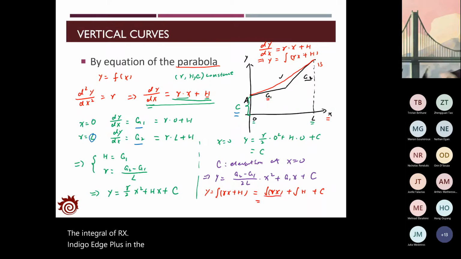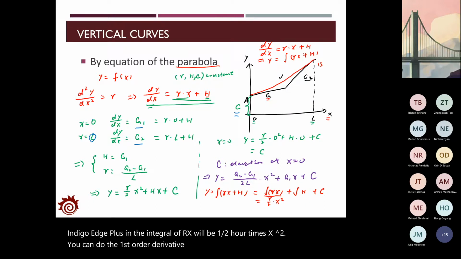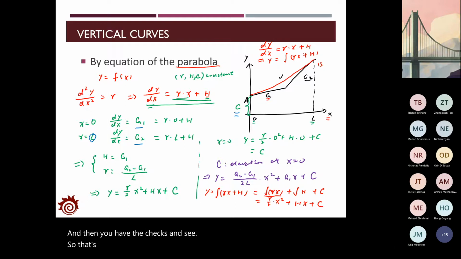The integral of rx will be half r times x squared. You can do the first order derivative to double check it, and then you have the hx and c. Okay, so that's the equation of the parabola.